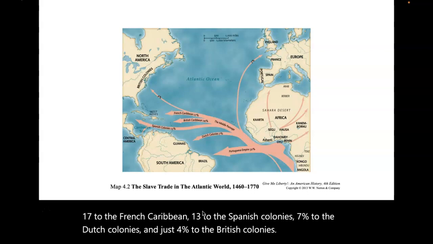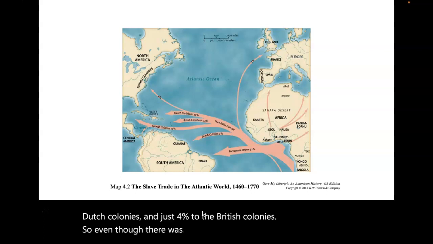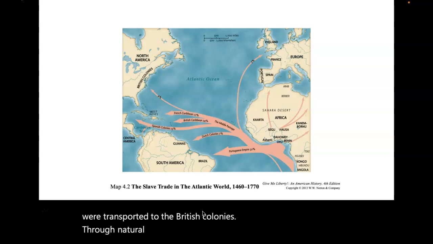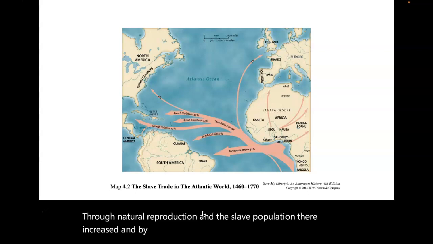So even though there was not a huge population of Africans that were transported to the British colonies, through natural reproduction, the slave population there increased. And by 1770, 1/5 of the population in the colonies were African or part African.